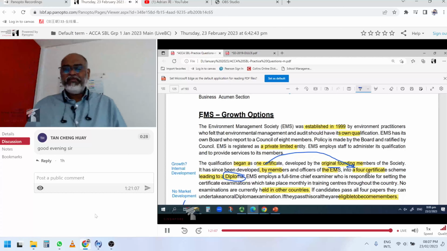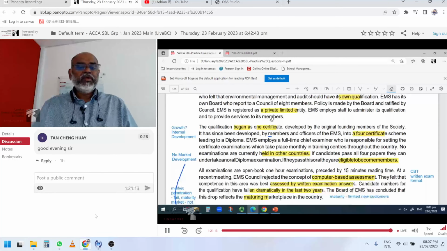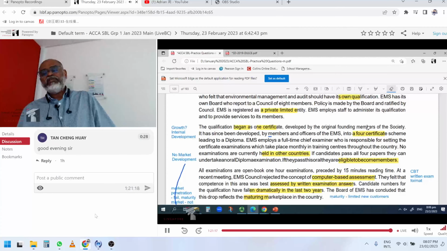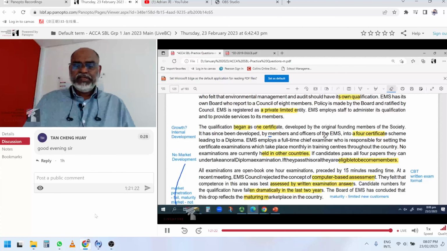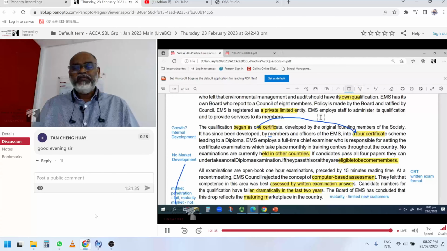EMS employs staff to administer its qualification. The qualification began as one certificate developed by the original founding member of the society. It has since been developed by members and officers of the EMS into a 4-certificate scheme leading to a diploma. So that means it started as 1, then it went on to 4, and it has now come to a diploma. So this is a kind of growth.